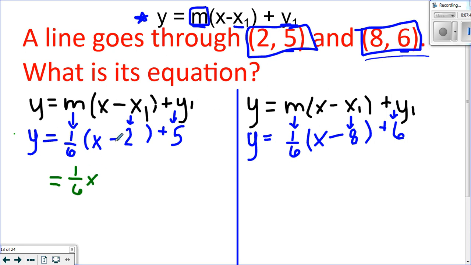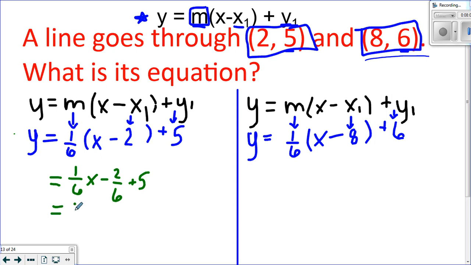I have 1/6 times -2, so that's going to be -2/6, and I could simplify that to 1/3, right? And then I have plus 5. Well, I have to simplify this -2/6 and positive 5. In other words, 5 minus 2/6, or 5 minus 1/3.